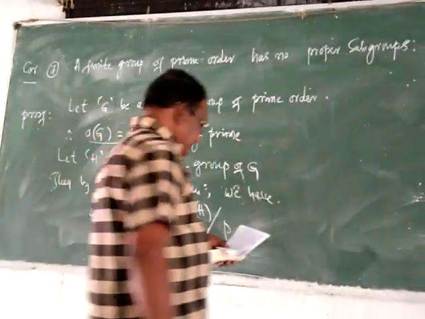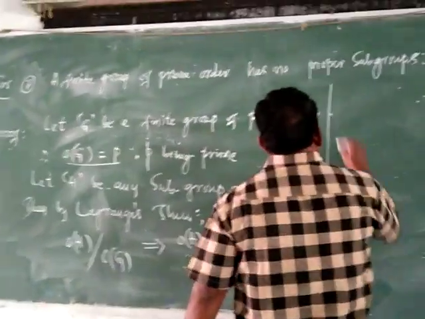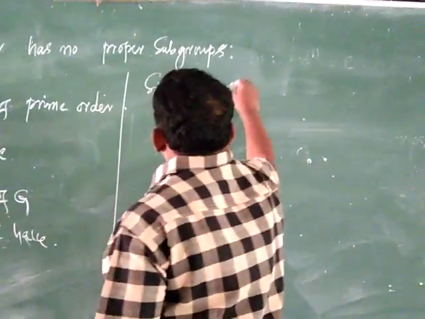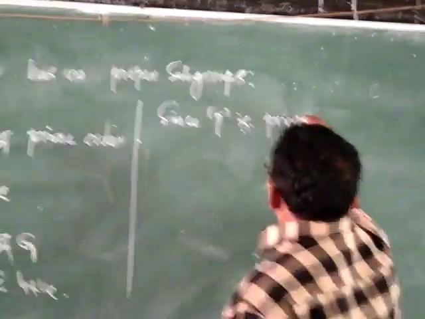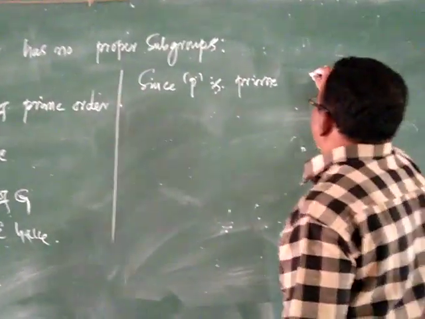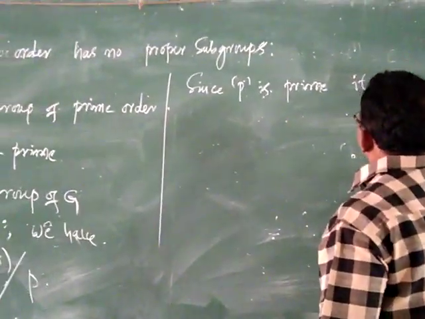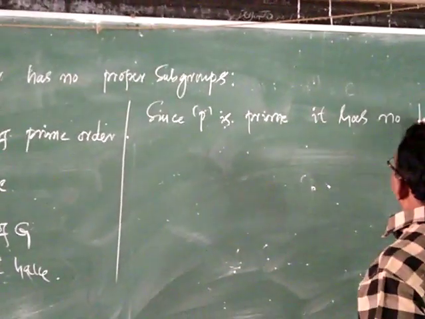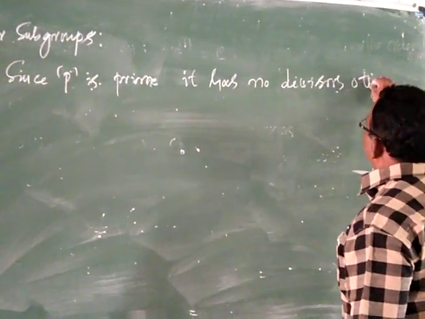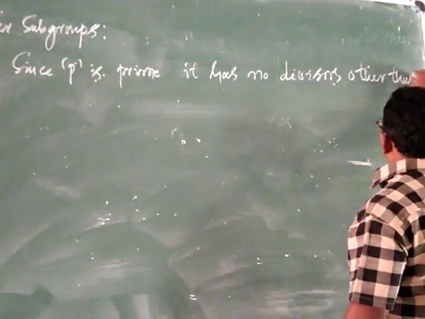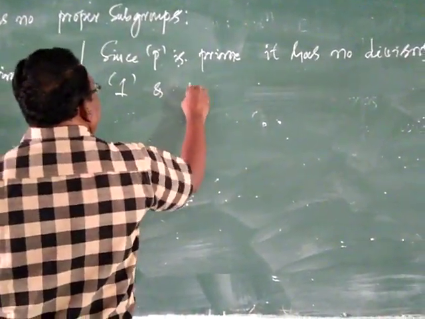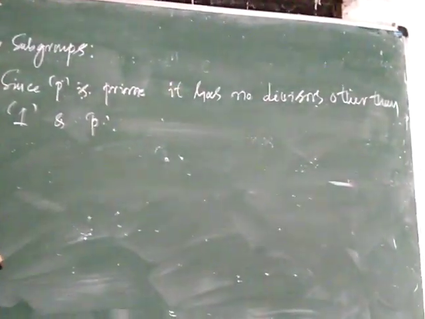Since P is prime, it has no divisors other than 1 and P itself.